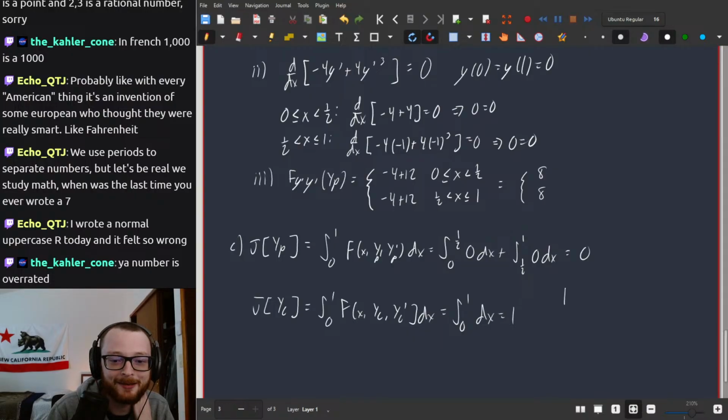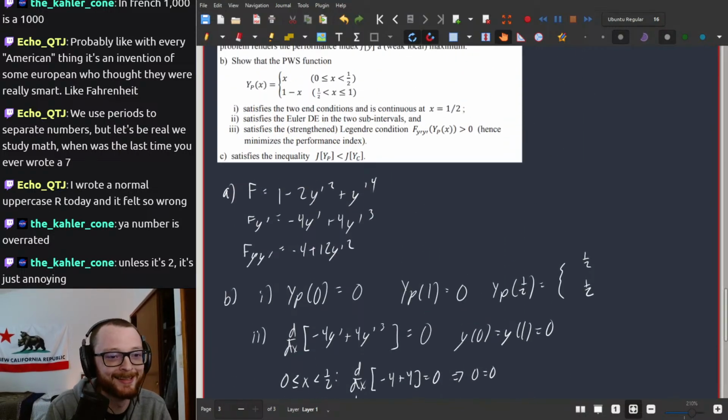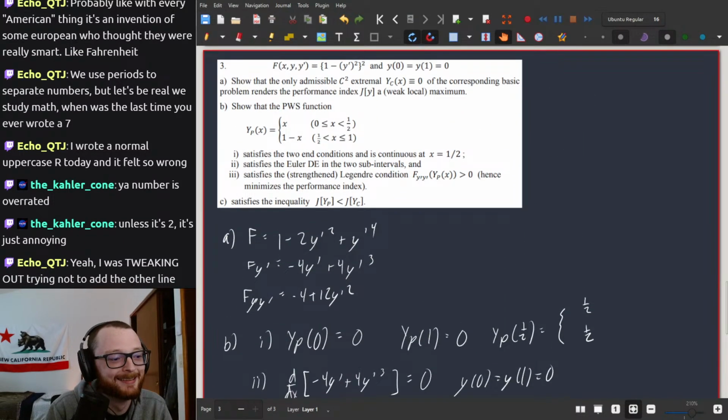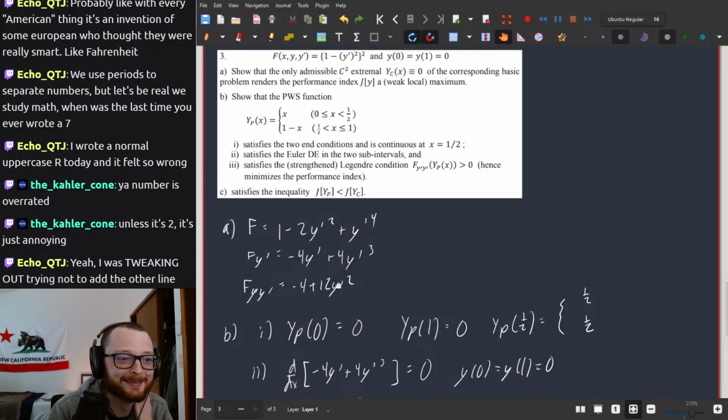I wouldn't say I'm good at it, but I've gotten a lot of practice doing that double R now. I'm usually trying to do them quickly, and they don't come out too good. Natural number n is kind of annoying though. I never do that one right. Unless it's 2, it's just annoying. Tweaking out, trying not to add the other line. Yeah.